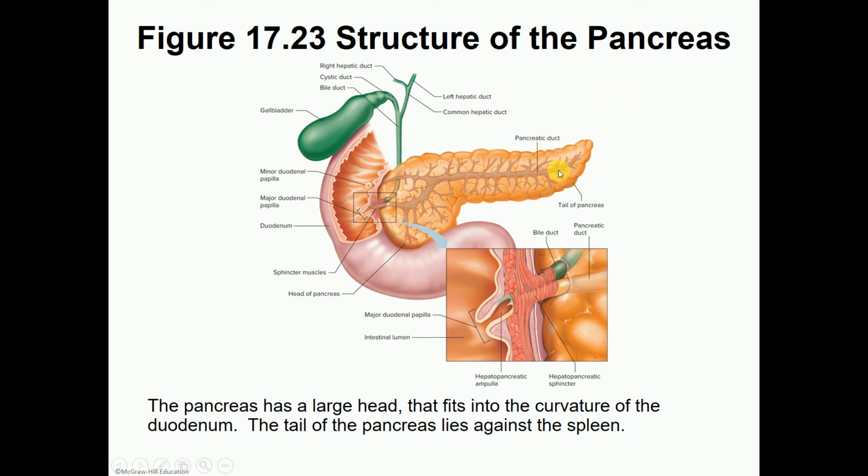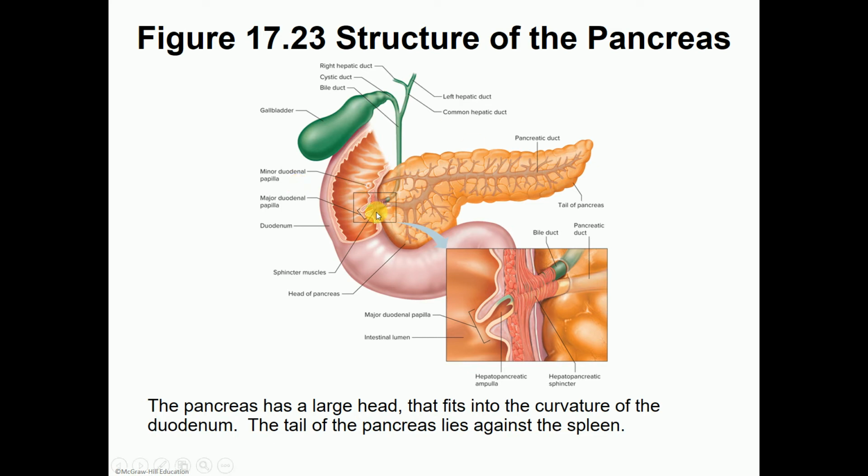On the inside, you can find the pancreatic ducts, and there are two of them. There's the minor pancreatic duct on the top that opens up into the duodenum at what is known as the minor duodenal papilla. A papilla is a little bump in the duodenum.